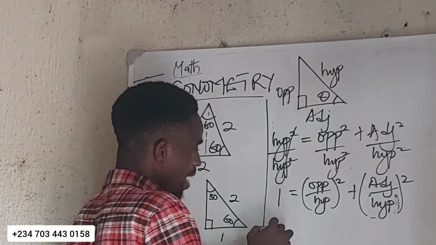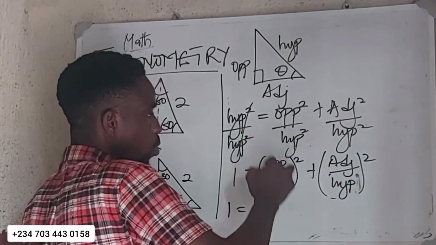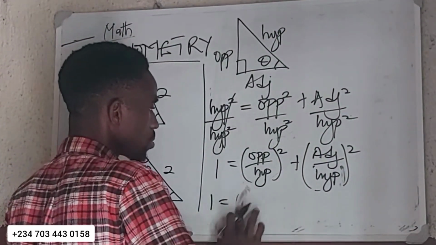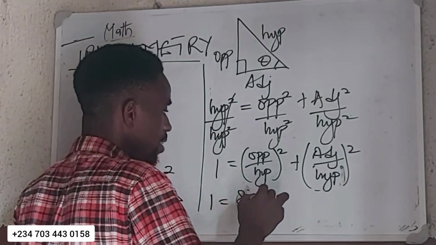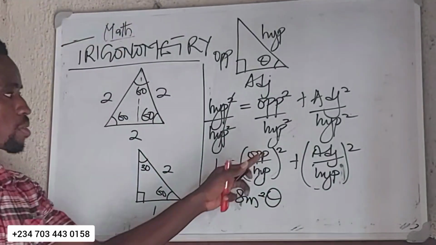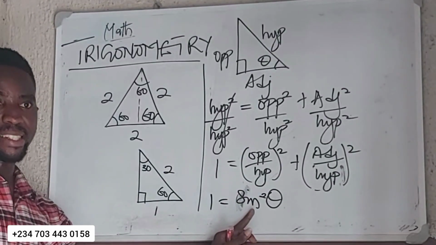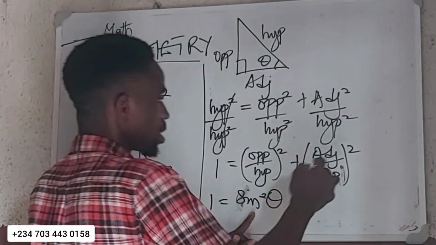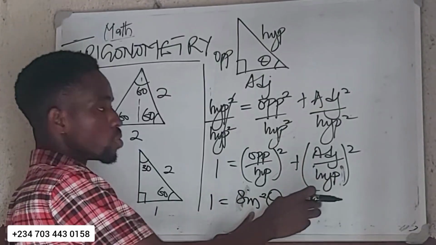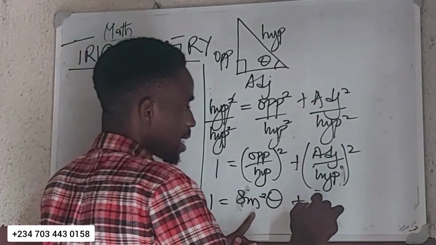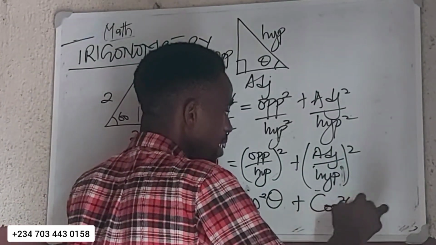So I can say that 1 is equal to sin squared theta, because it is squared, plus adjacent over hypotenuse squared, so that is cos squared theta.